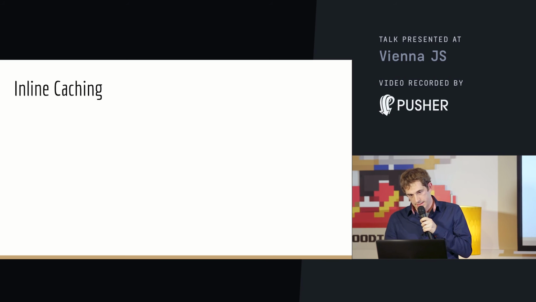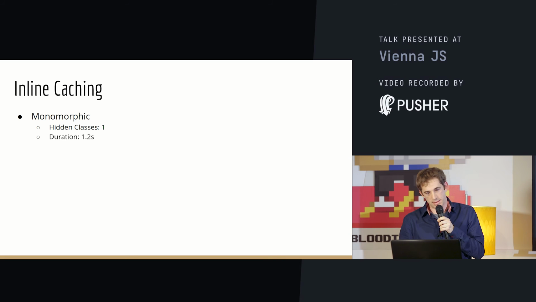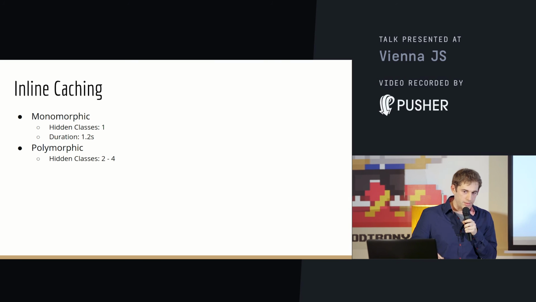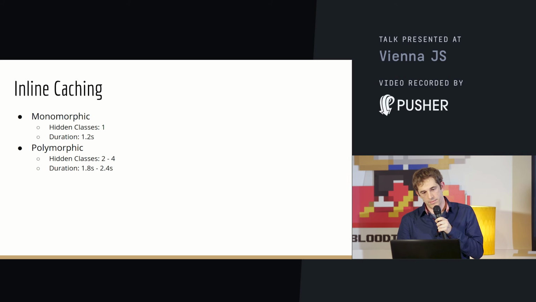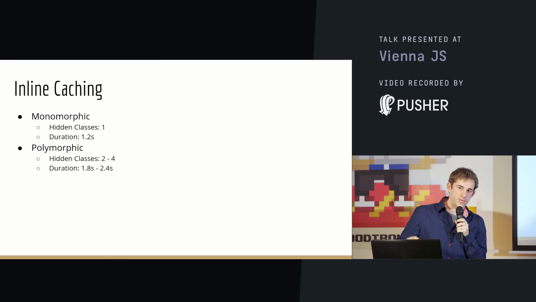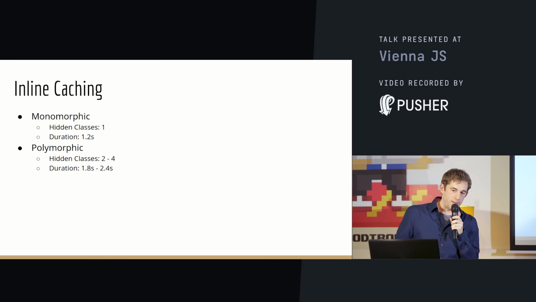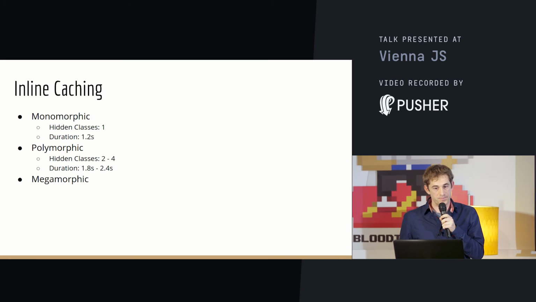Saying this, again, there is this monomorphic type where only a single hidden class is passed. I have here some kind of duration. We have the polymorphic inline caching type, and there it only applies if the class amount is 2 to 4. And execution time here is a little bit slower. But starting from the fifth class, so if your function is getting more than 4 hidden classes passed, then the inline cache switches over to a so-called megamorphic inline caching.